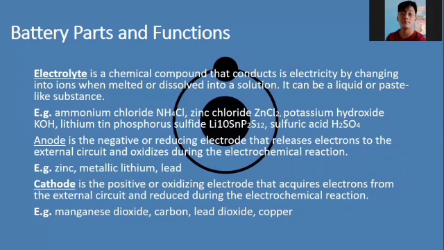Battery parts and functions. Electrolyte is a chemical compound that conducts electricity by changing into ions when melted or dissolved into a solution. It can be a liquid or paste-like substance.